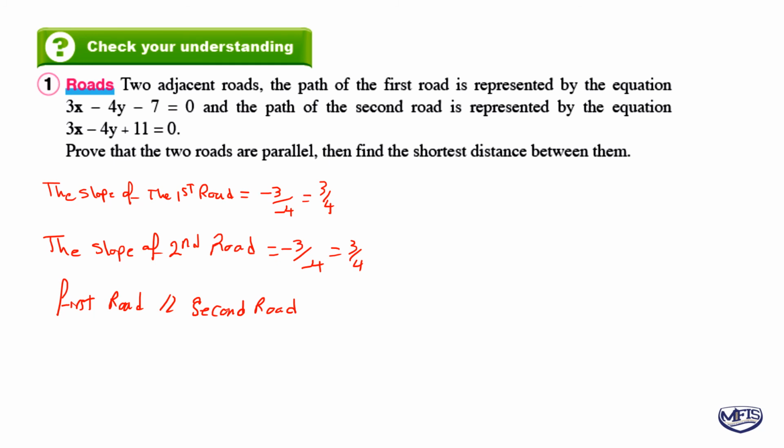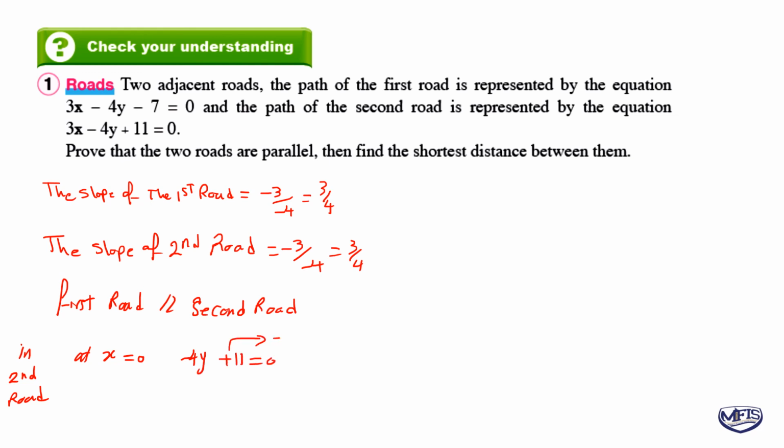Okay, we want to find the distance between the two straight lines, or the two roads. To find the distance between two roads, we want to find a point on any road. So we want to find a point on the second road. So we'll put x equals 0. So at x equals 0 in the second road, it will be negative 4y plus 11 equals 0.